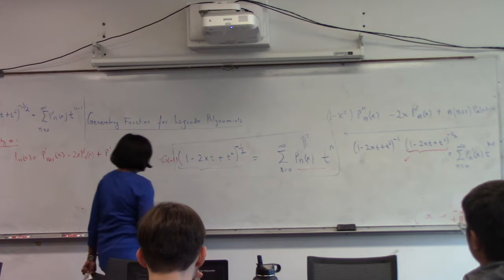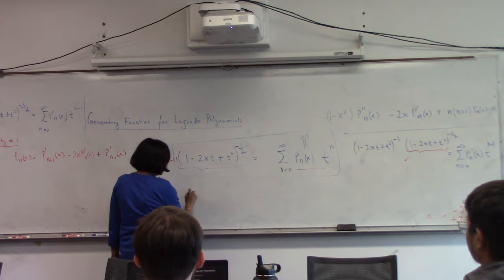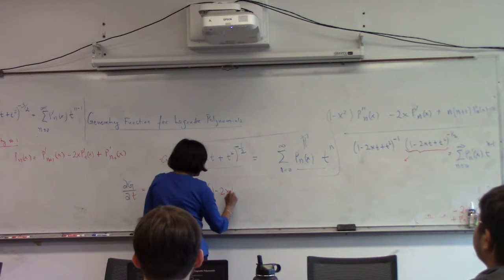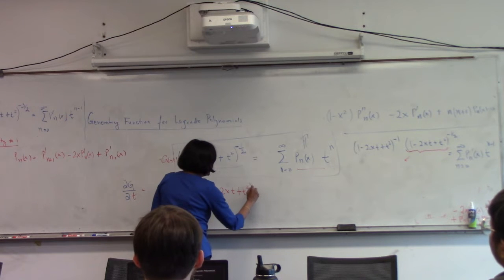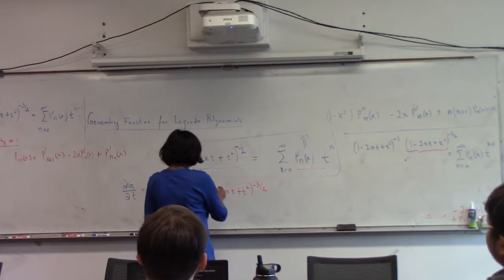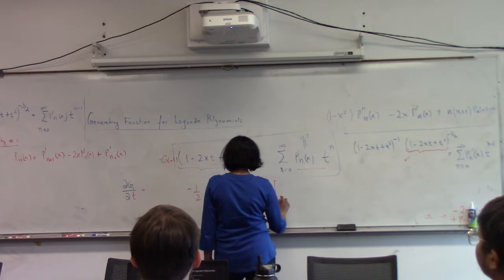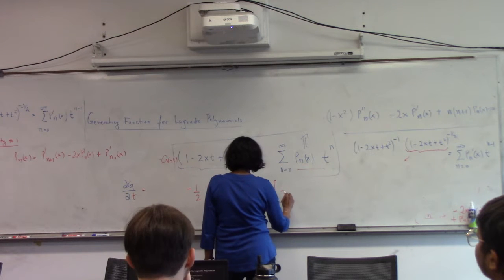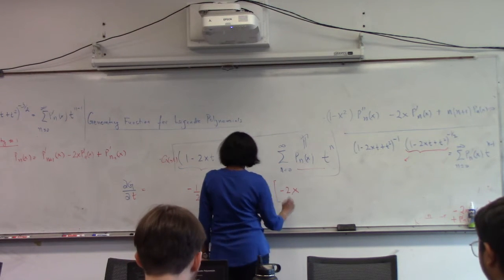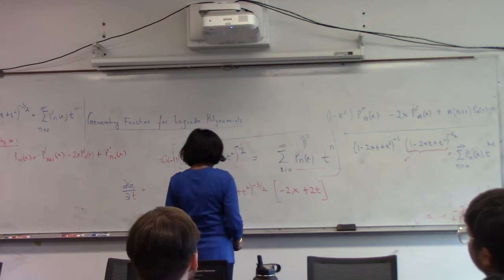If I did that, with respect to t, I will have a similar thing, minus n, 1 minus 2xt plus t squared, to the negative 3 halves. And then, what do I have? Minus 2x, plus 2t, with respect to that.